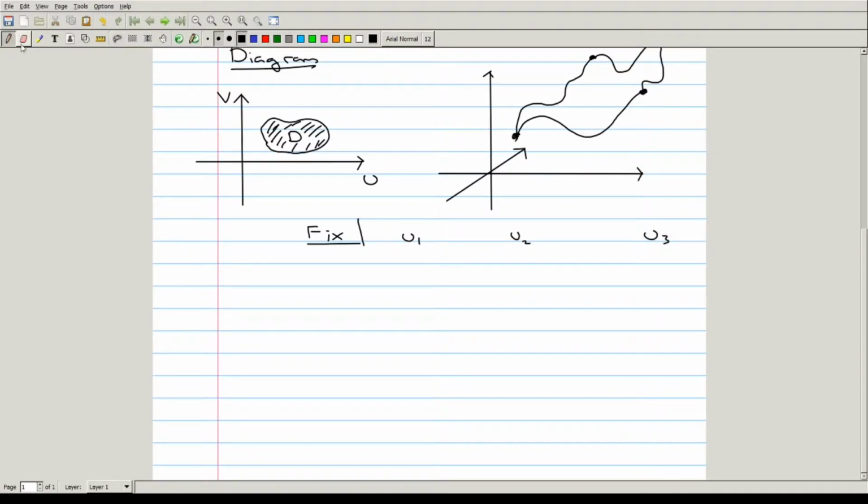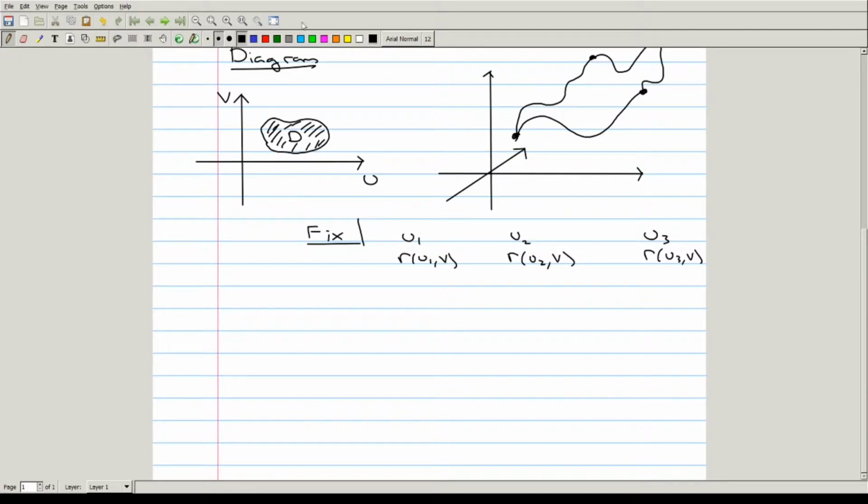If we fix U1, this actually gives us a parametric curve. This is the parametric curve R of U1, comma V. We fix U2, we get the curve R of U2, comma V. And if we fix the value U3, we get R of U3, comma V.